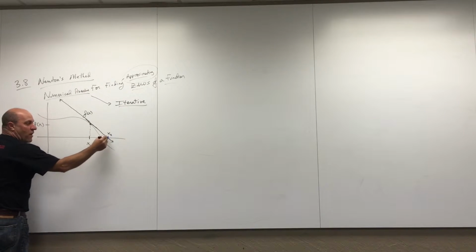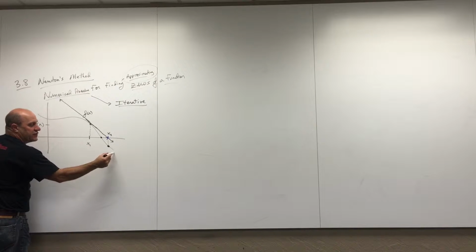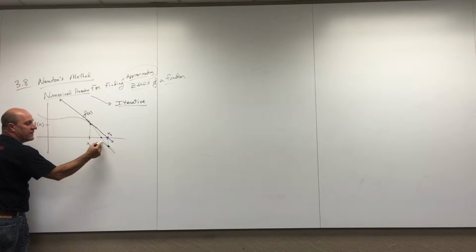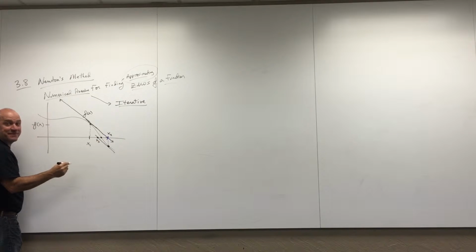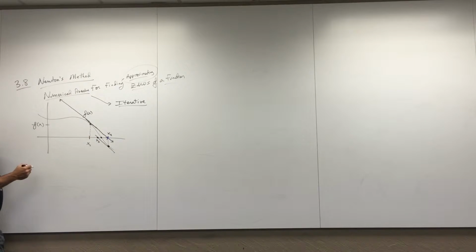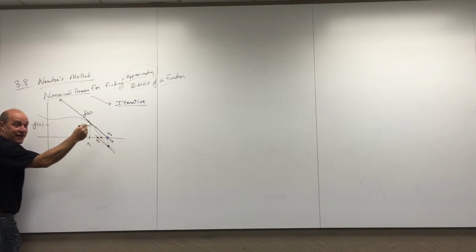Watch, we do it again. So now watch, this x2 gets plugged into the function. We find the tangent line to the function at that point. We use it to estimate the x-intercept of the function. It's not right, but I call that x3. It's getting closer though, ain't it? You see how x1 and then x2 got closer, now x3 got closer.